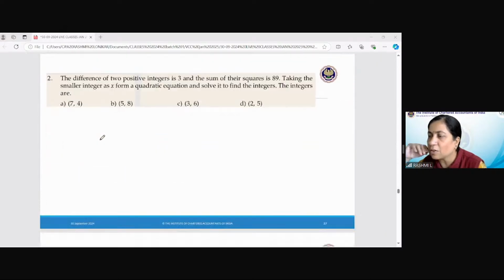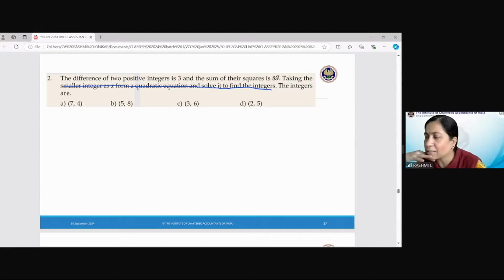Now, the difference of two positive numbers is 3 and the sum of the squares is 89. Taking the smaller integer as x, form a quadratic equation and solve it to find the integers. Okay, this you don't need to do. This is there because usually these sums were to be solved. All you need is that the difference of two numbers is 3: 7 minus 4 is 3, 8 minus 5 is 3, 6 minus 3 is 3, 5 minus 2 is 3.